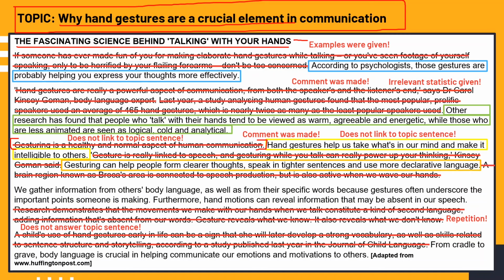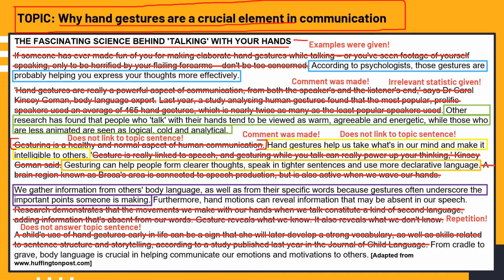The next main point tells us that gesturing is crucial because it helps us form clearer thoughts, speak in tighter sentences, and use more declarative language. The next main point tells us that hand gestures are crucial because they help us gather information from others' body language, and also gestures often underscore important points that someone is making.